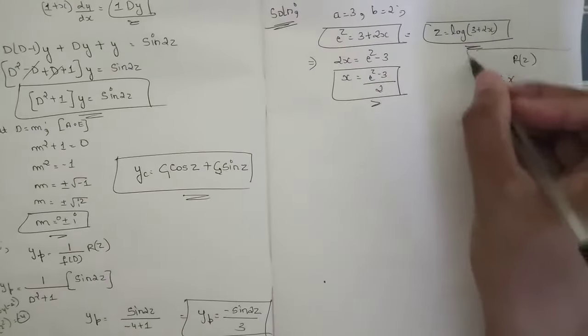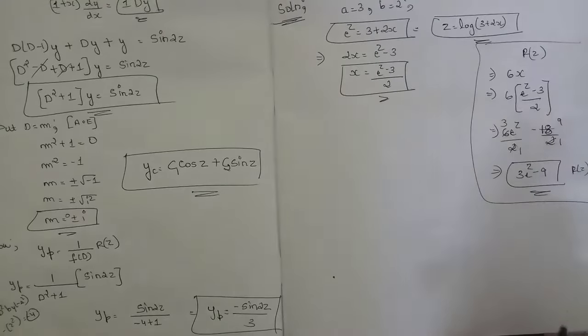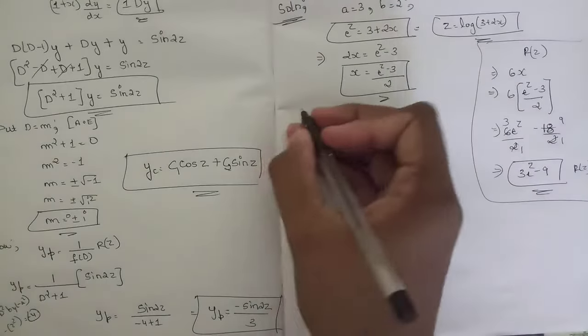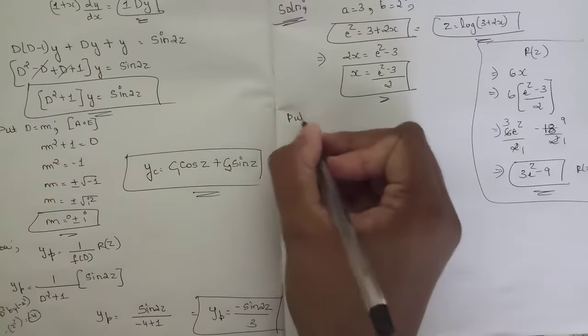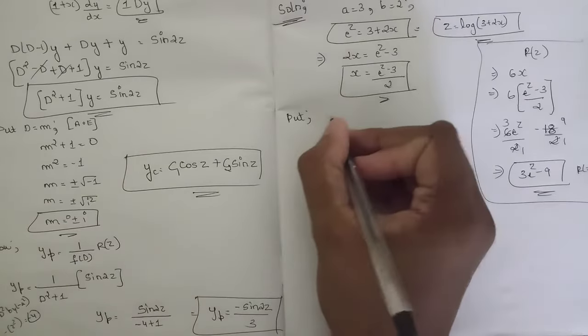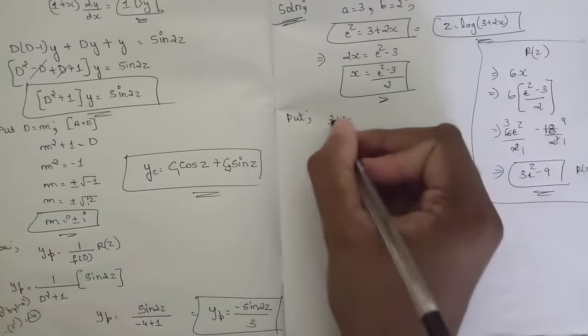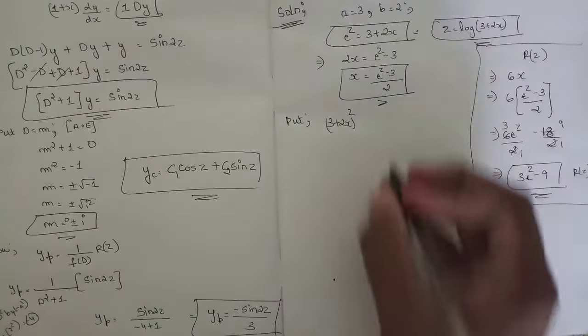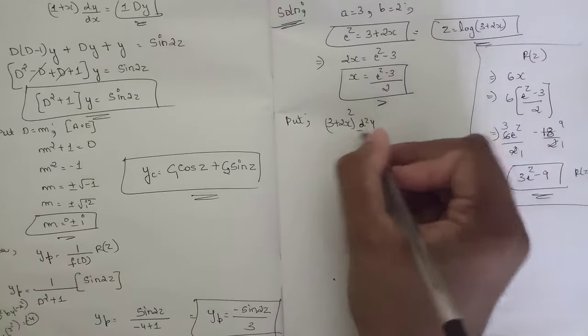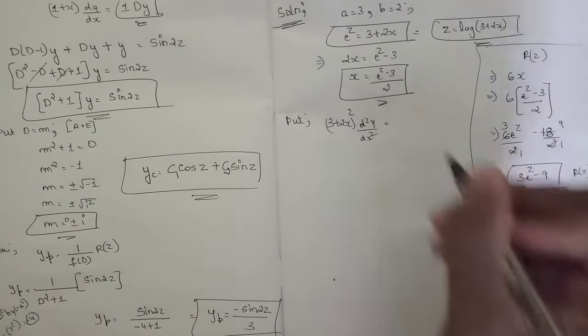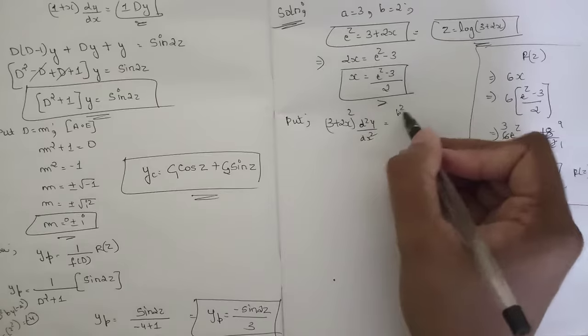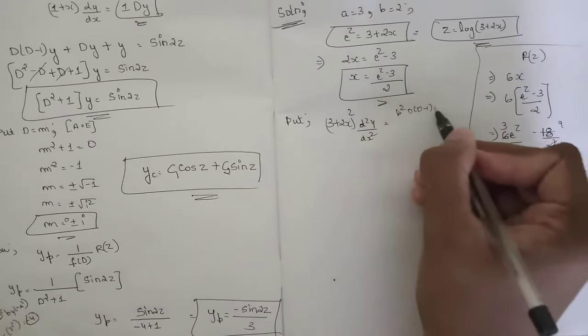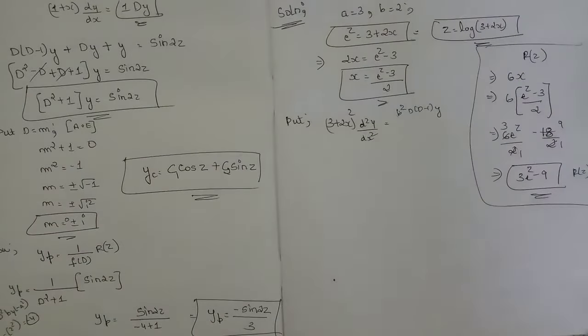Here we need to substitute that only. Now we have a few more substitutions left. We need to put (3 + 2x)², or (2x + 3)², which is one and the same, times d²y/dx² as b² D(D − 1)y, where the value of b here is 2.